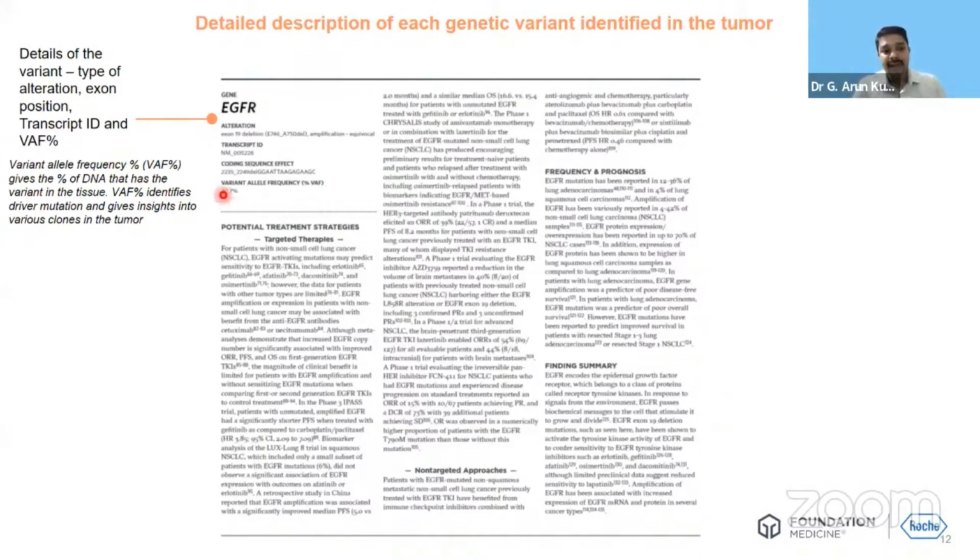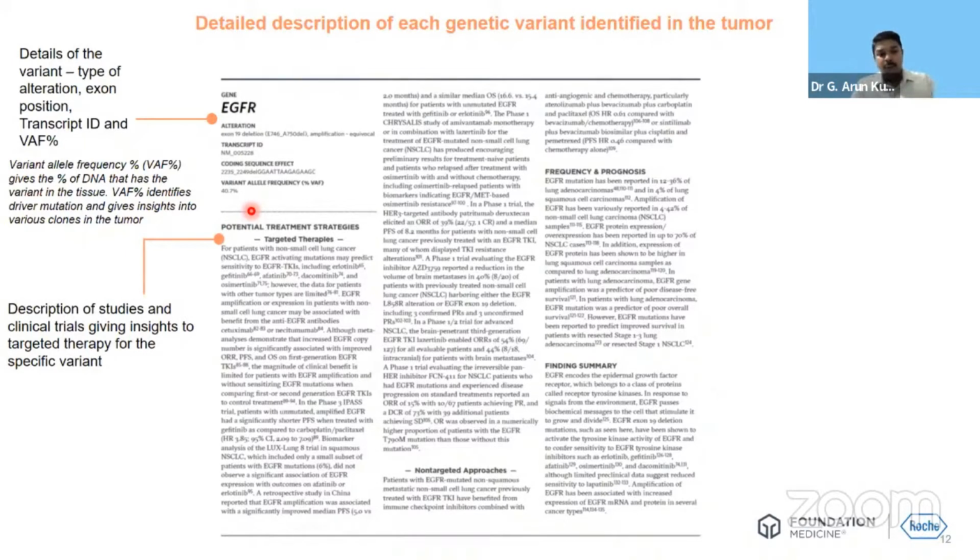In this case, the variant allele frequency is 40.7%, which means that of all the DNA we extracted from the tumor specimen, 40.7% had the particular exon 19 deletion. While I'm talking about the case, I will show you how best we can utilize this value.